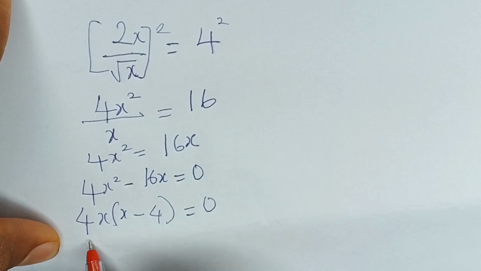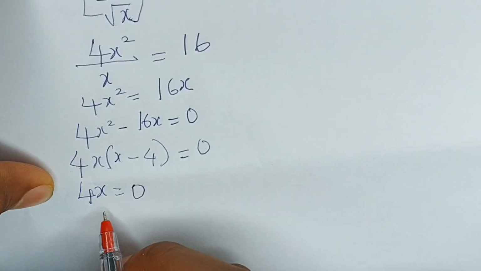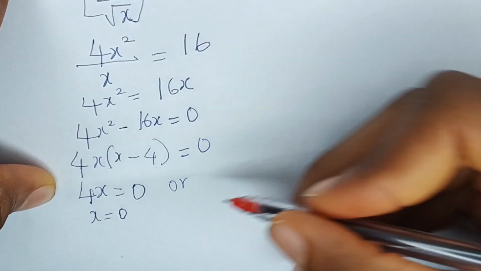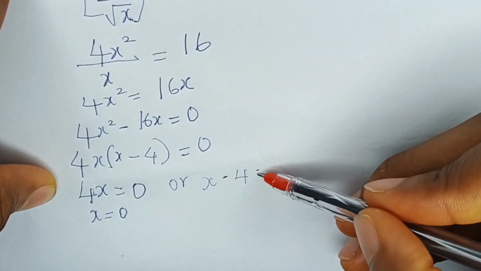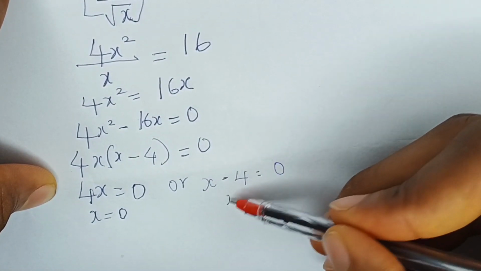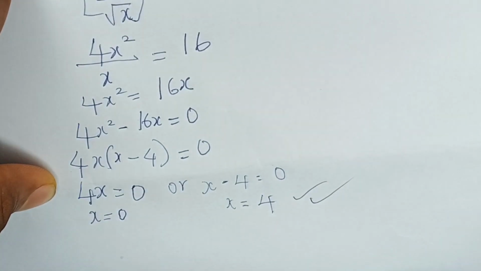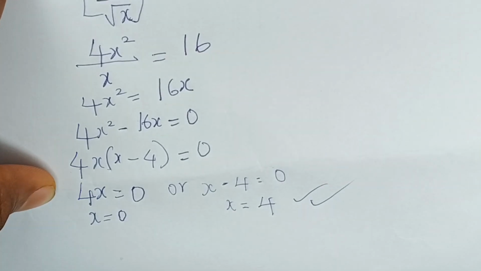So it's either that 4x is equal to 0, so x is equal to 0, or x minus 4 is equal to 0, hence x is equal to 4. So it means that x is either equal to 0 or x is equal to 4.